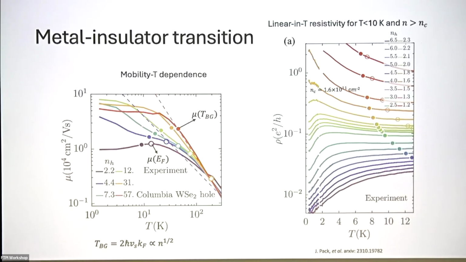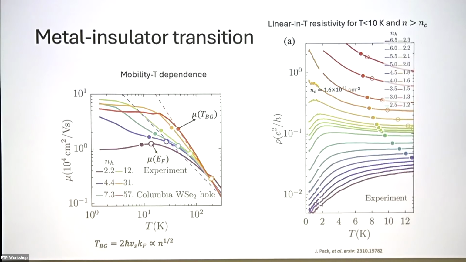If we zoom into the low temperature, we can look at the data from the Columbia sample. They claim they see a metal-insulator transition, although their contact resistance strongly increased at the lowest density, around 1.6, so they don't have very reliable data in this range. They even cut the data for the lowest temperature for this density curve.